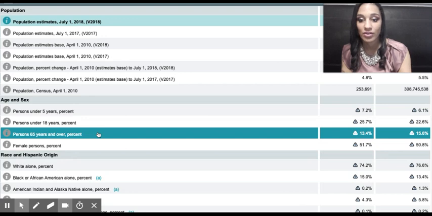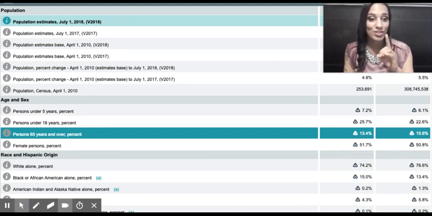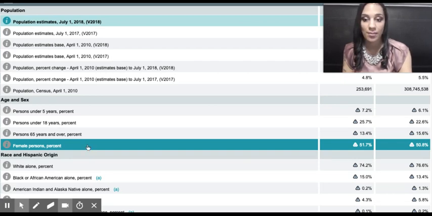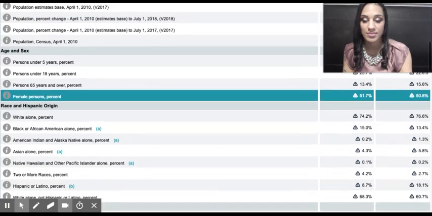Person 65 and older does not necessarily apply to you, but I'll tell you what will apply to you, because we know that most people who want to become CNAs are females, not all, but most. So we see here that my female person percentage is 51%. So that's good information to know. There's a large amount of people in the area that I could possibly attract with this business.